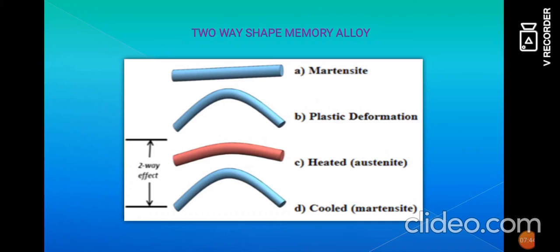That means the martensite phase is slowly changed into austenite. Now further the material is cooled. It slowly regains its original shape. Once again we cool the material. What happens? It will regain the original shape. Therefore here both heating and cooling processes are applied on the material so that the shape memory alloy will regain its original shape and structure as shown in the figure.